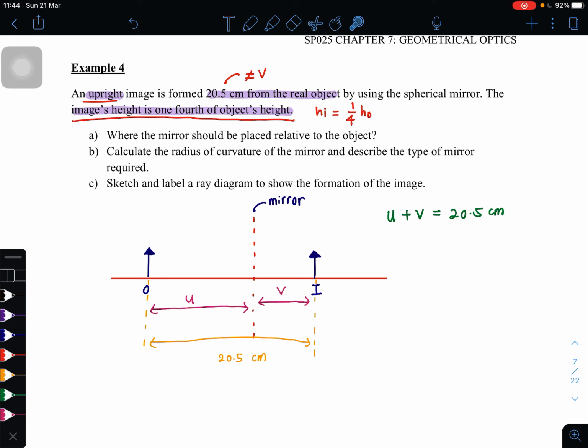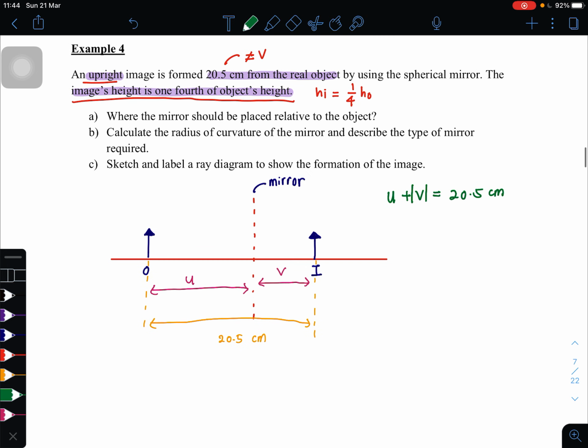Okay, but before we can say U plus V, kita tahu U will be always positive sebab dia adalah real object. But then V, we are not sure. It can either be positive or negative. So because we're not sure if it's positive or negative, kita letak modulus dahulu.